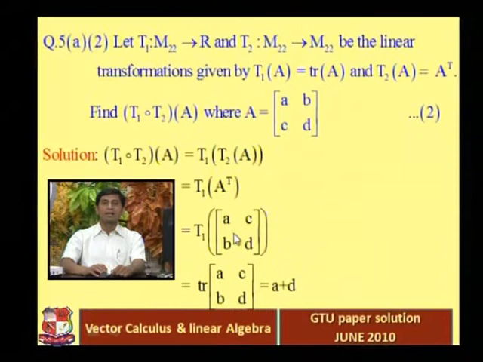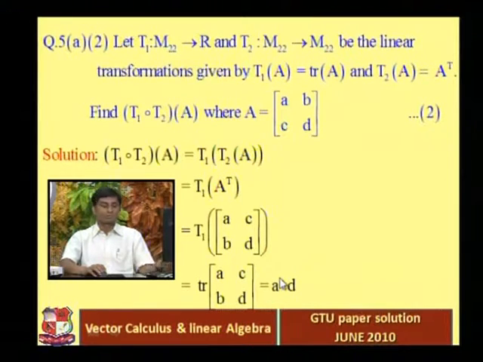So A transpose is [a c; b d]. T1 of this is the trace of [a c; b d], which means the sum of the main diagonal entries, that is a plus d. So our final answer is a plus d. The composition of T1 with T2 of the matrix A is a plus d, and this question was asked for 2 marks in this question paper.